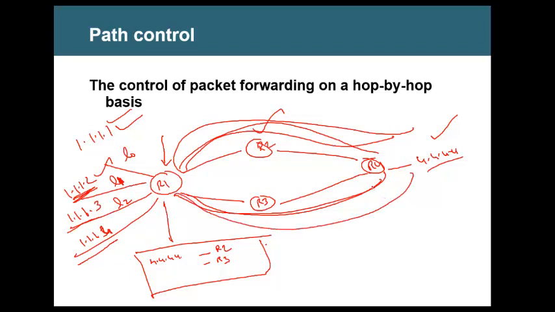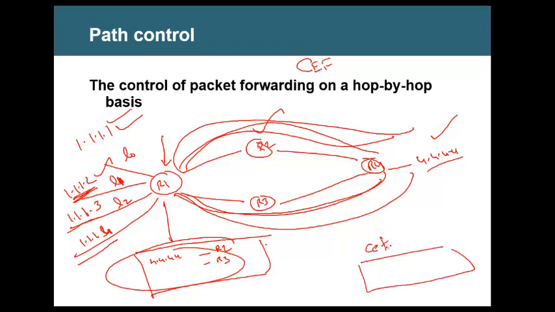Then I discovered CEF is the reason for that. What CEF does is, it downloads this route into the CEF table. CEF will also have these two routes. But what it does, it says when this source goes to this destination, then R2 is the gateway.